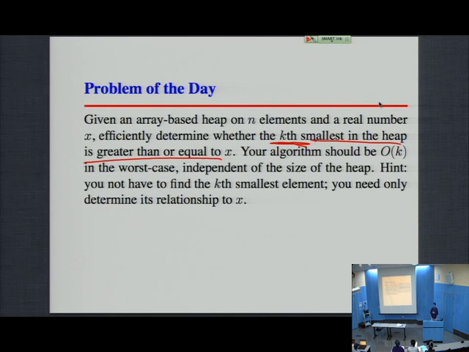Yes? I find k smaller elements less than x. Yes. Basically, I'm not creating this tree.